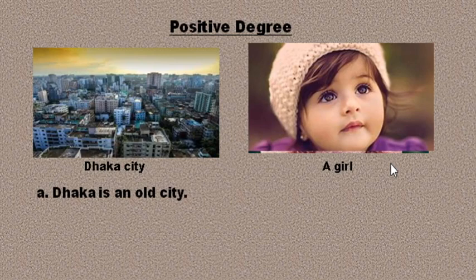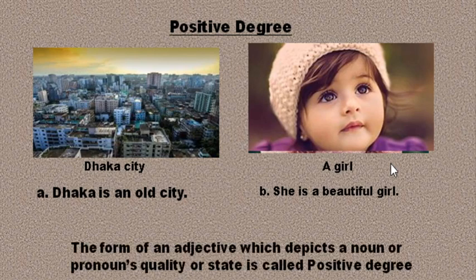Second, a girl. So Dhaka is an old city. I am just using an adjective. I am describing it, and using an adjective I am just expressing its quality, right?